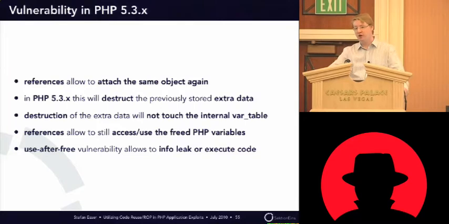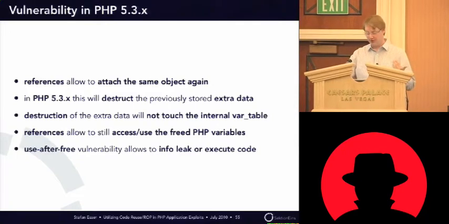So when you now continue to unserialize and use a reference to the extra data that was already freed, it's perfectly possible because unserialize doesn't know that this variable doesn't exist anymore. So you can put in references to already deleted objects or classes or whatever, arrays or strings or anything. And now I will show you how you can use this for info leaks and code execution.